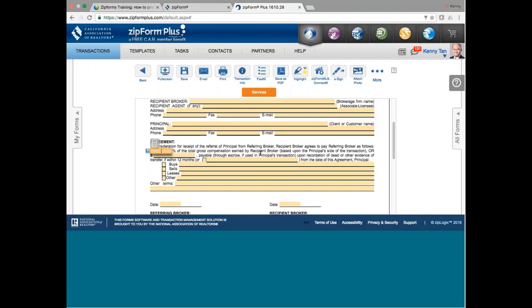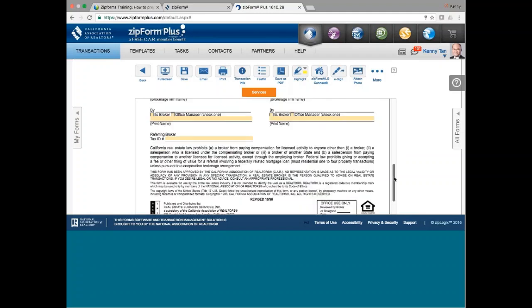And if you have a referral fee agreement with a different brokerage firm that had previously referred this seller to you for this listing opportunity, and if the arrangement is 50% of the total gross commission earned by you, how much do you have to pay this referral? $12,500, because the total that you earned after the split is $25,000. So if I put down 50% here, you will pay $12,500 to the referring brokerage firm. Okay, that's that.